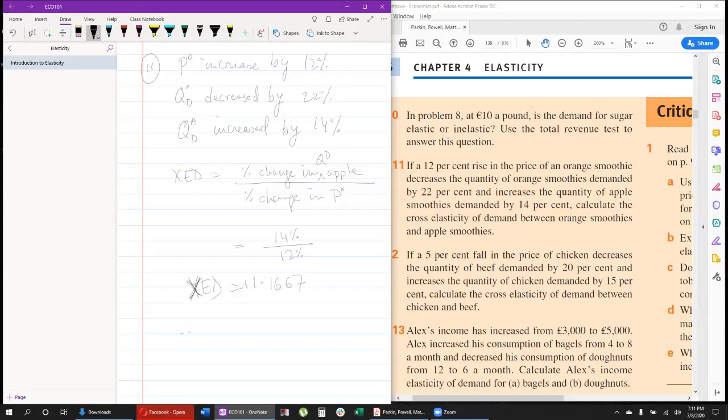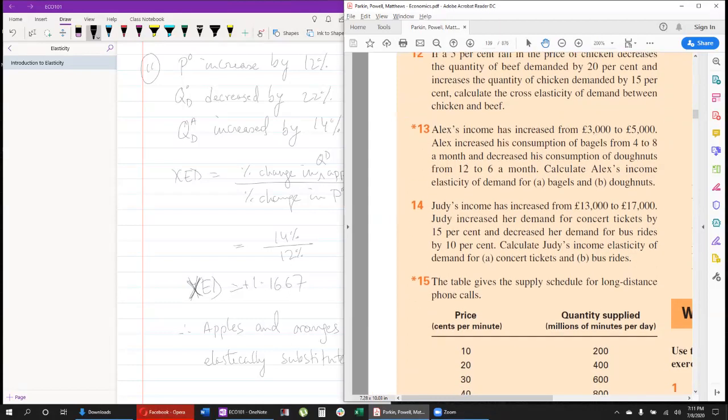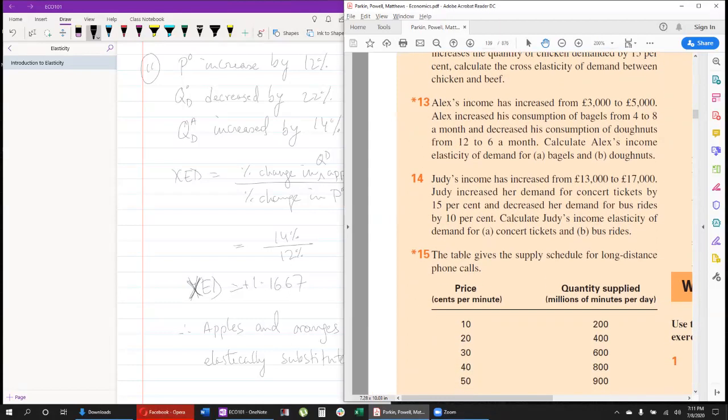So therefore, apples and oranges are elastic substitutes. That's the end of number 11. Number 12 is exactly the same. So hopefully you guys can do number 12. So let's move on to number 13.